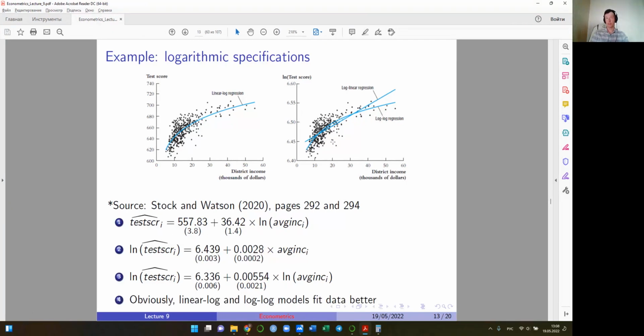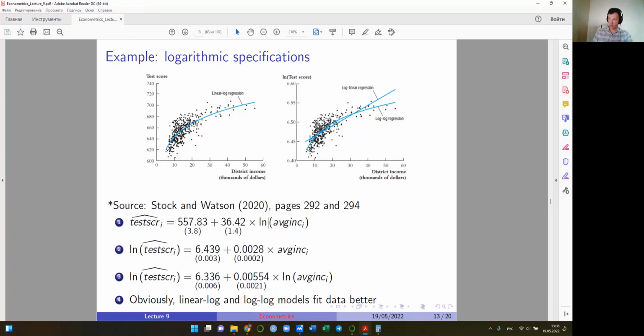Yes, and as we see, linear log and log model fits data better, and we decide which model is better not by R squared or by F statistic or by something else, but simply by observing the data, the scatter plot, and looking at the line that fits this data.